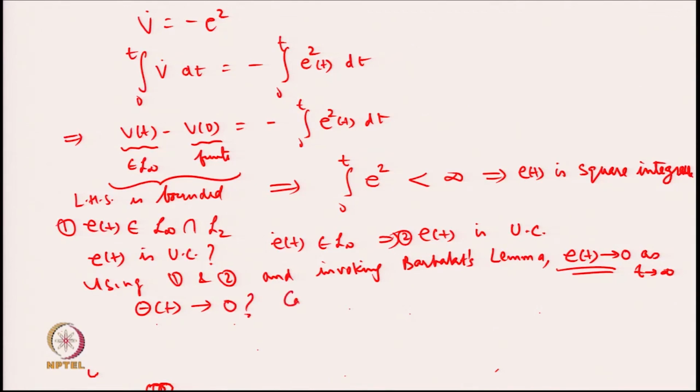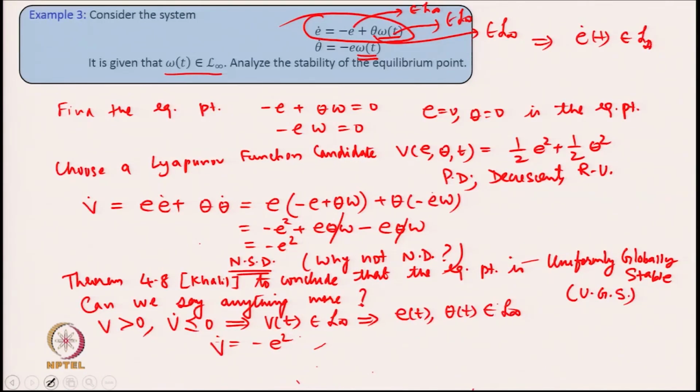So, that we cannot guarantee. At least we cannot prove that the system is asymptotically stable, although we have proved that this is uniformly globally stable, and one of the states, that is E of t, converges to 0. This system in fact is going to be very useful when we look at adaptive systems in general, and this will be like a benchmark example for the adaptive systems that we will study in this course.